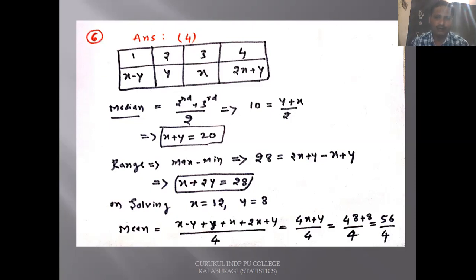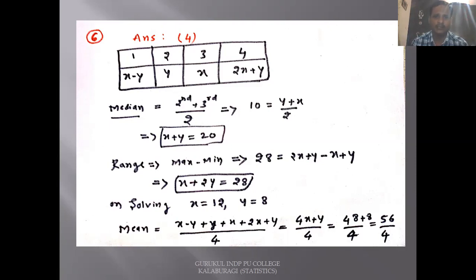So now we have two equations: x plus y equals 20 as well as x plus 2y equals 28. On solving these two equations, we get x equal to 12 and y equal to 8. So we need to find the mean of this data. Mean is the sum of all the data divided by the number of elements.